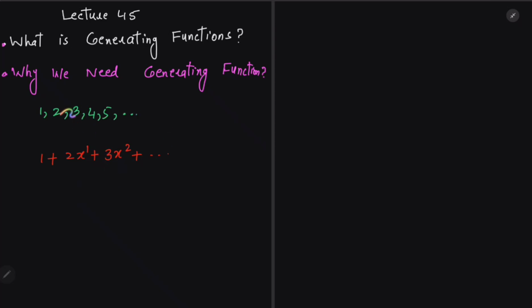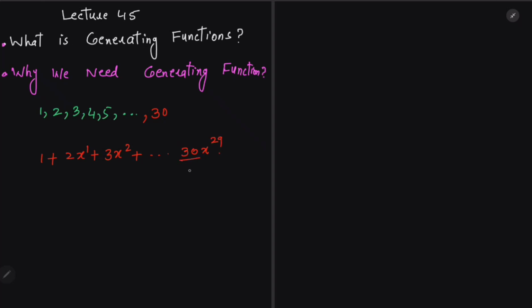You must be wondering, it was very easy in this case, but the question is what if we have, for example, 10? You cannot tell at which place this 10 is, or at which place this 30 is, for example. If this is 30, that will be somewhere x^30, x^29, and so on.